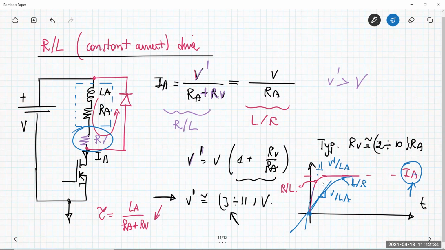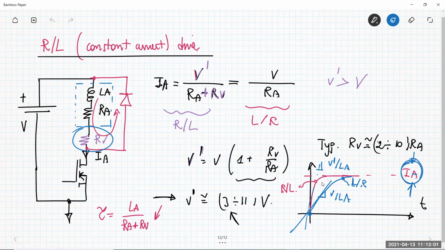But what if I increase the voltage V to a very large value? I know that this has a huge impact on the current IA flowing in the phase. But why do I have to wait for this current to go exactly to IA?